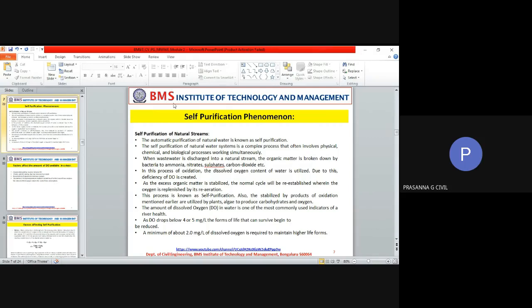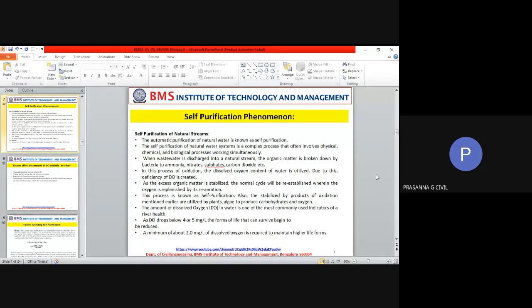So all these sentences are the same as what I was trying to tell you. DO, when it drops below 4, you remember, then your higher fish forms and all will have severe difficulty. So you have to have a minimum of 4 milligram per liter of DO, dissolved oxygen, if self-purification has to happen.